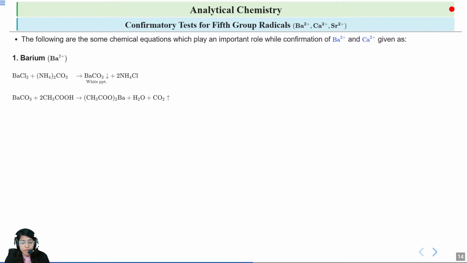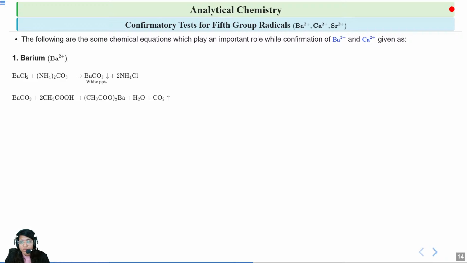This reaction here presented shows barium carbonate BaCO3 reacting with acetic acid CH3COOH to form barium acetate (CH3COO)2Ba. Along with it, water and carbon dioxide gas are also formed.